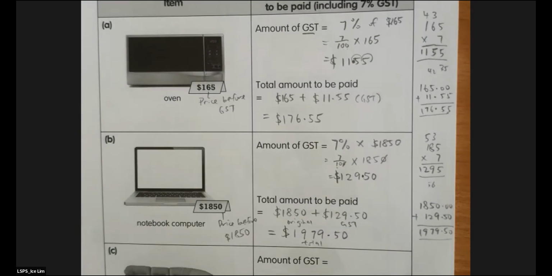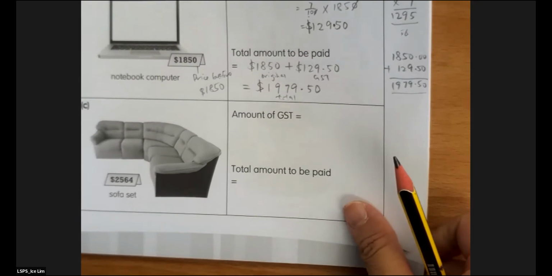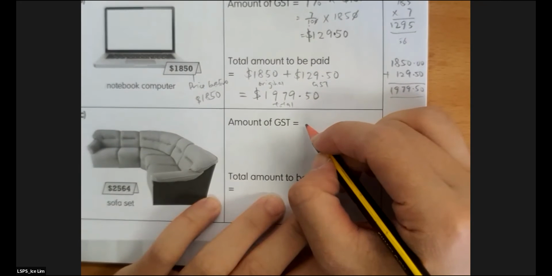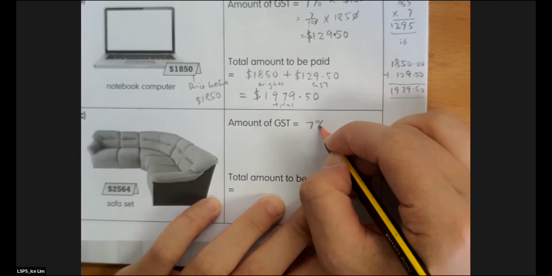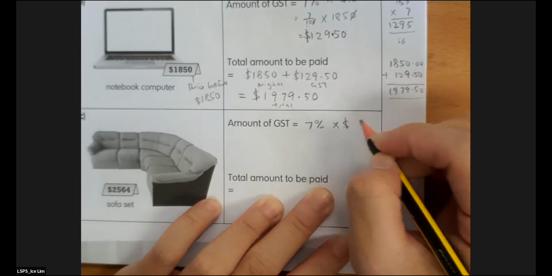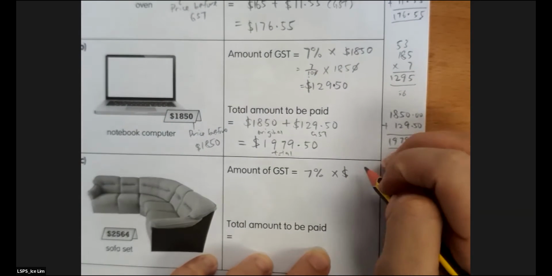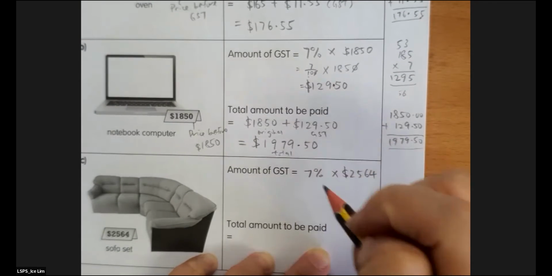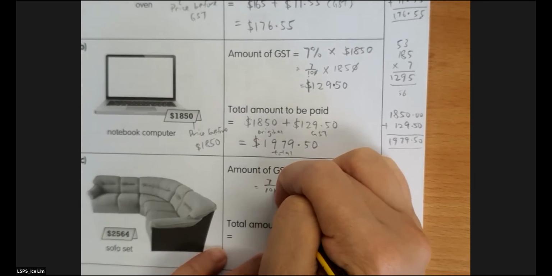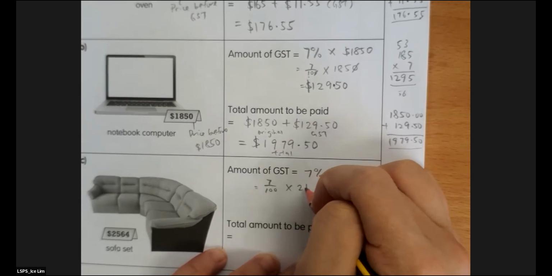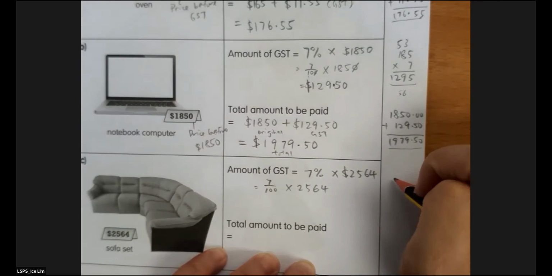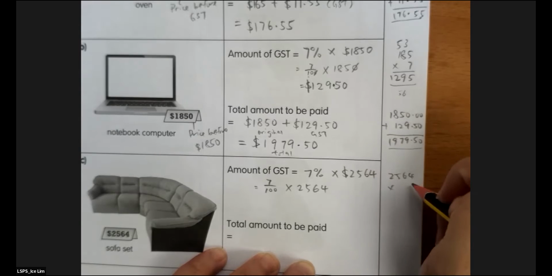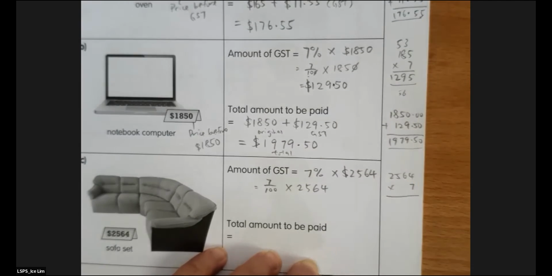Now here, the sofa set, wow, quite expensive, 7% of 2,564. So 7 out of 100 times 2,564, times 7. So your 7 times table must be quite good.